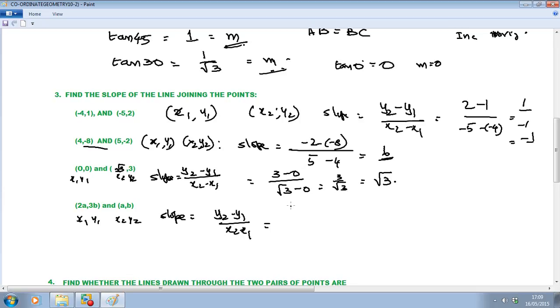y2 in this case is b, y1 is 3b, so b minus 3b divided by a minus 2a. That is minus 2b divided by minus a.